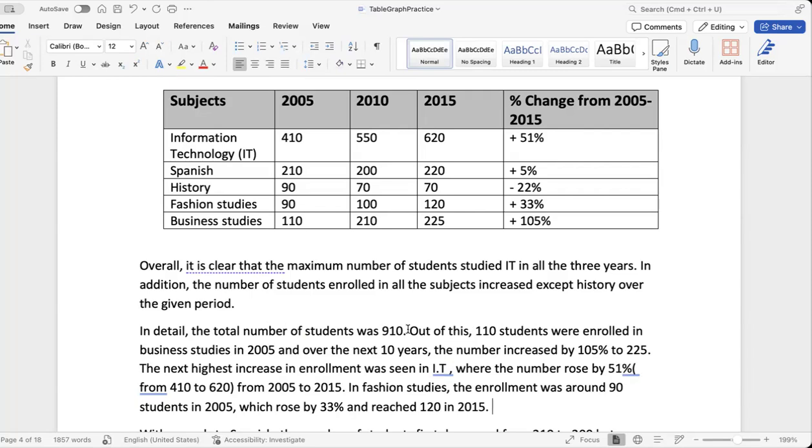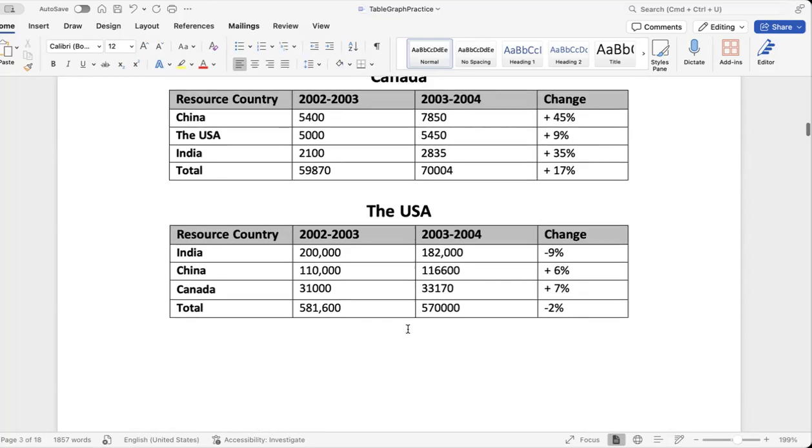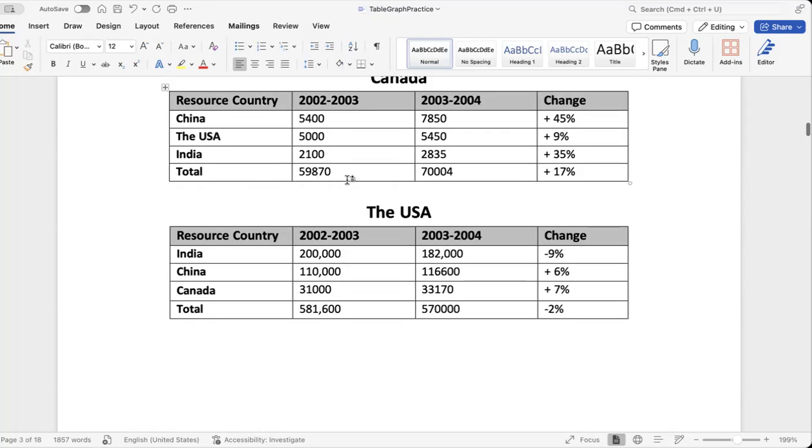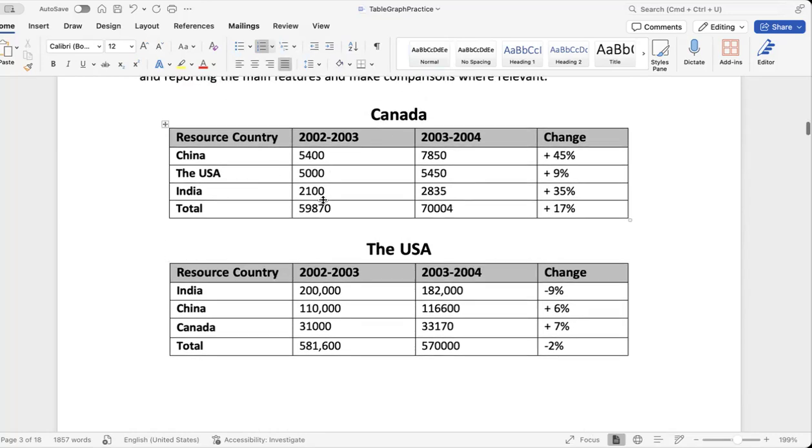Yes, sir. Like you are taking this case, right? This one, you have a total. Yes. So here I can mention it in the beginning. The total number of foreign students in Canada was around 60,000 in 2002-2003, which increased by 17% and reached 70,000 in 2003-04. So you have given everything. Total, you mention all the three things because total is really important.